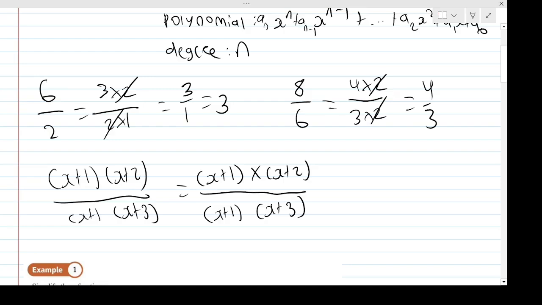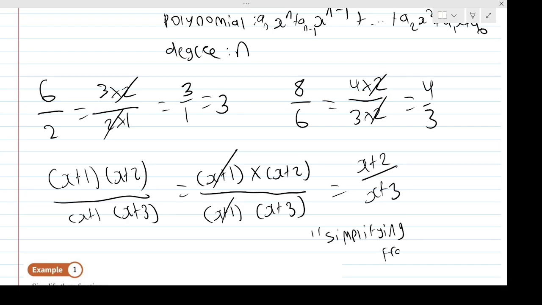And now hopefully you can see x plus 1 is a common factor, a common term to both top and bottom, so I can cancel that out. And then I'm left with x plus 2 over x plus 3. Cool. And we call this simplifying fractions, okay?